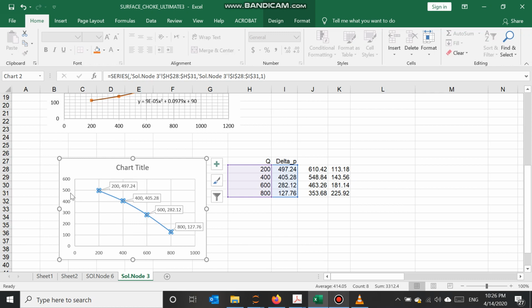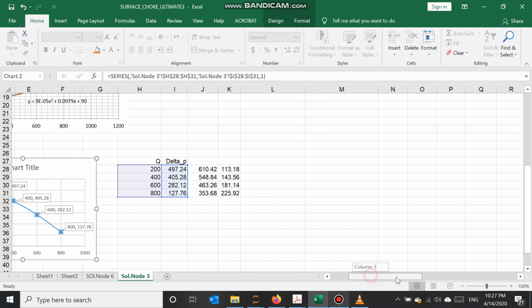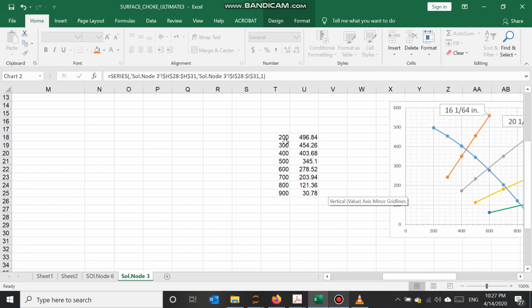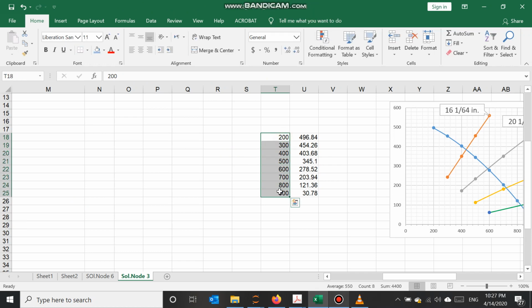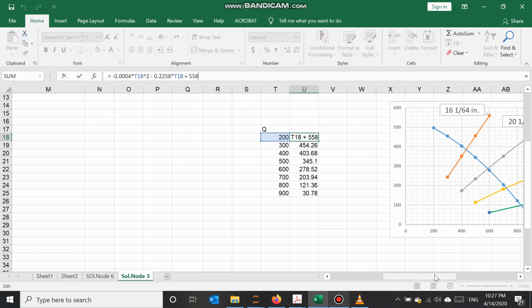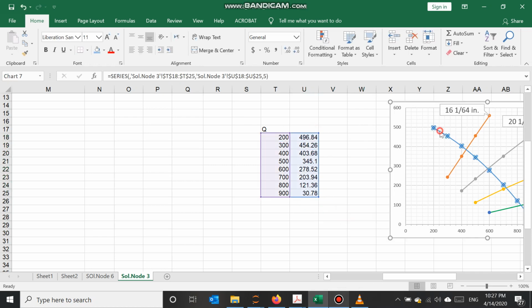To have a wider range of the curve, I fit the line here, and then I use it to predict for a wider range of Q. This is Q, and this is the delta P using that trend line. So basically I use the trend line to get a wider pressure drop, which I plot here.